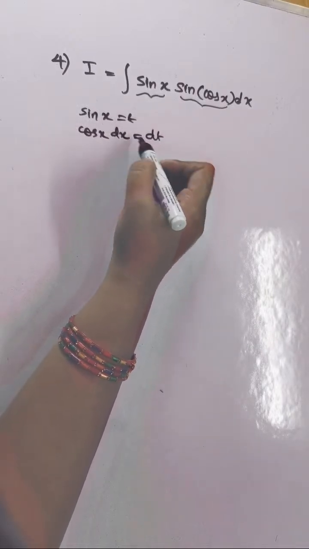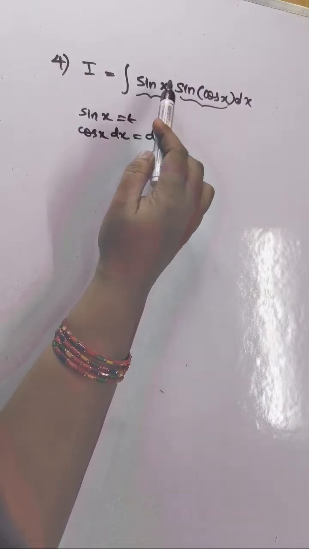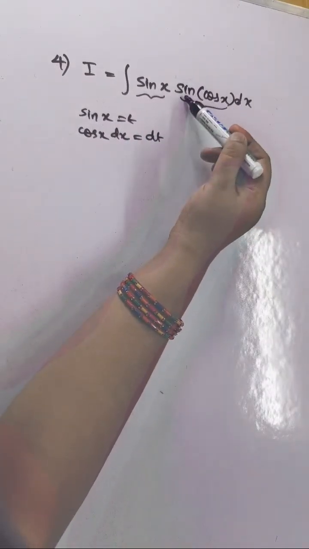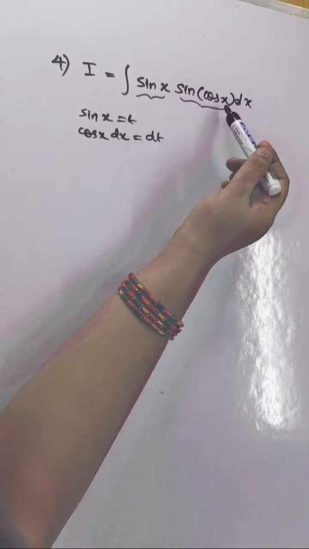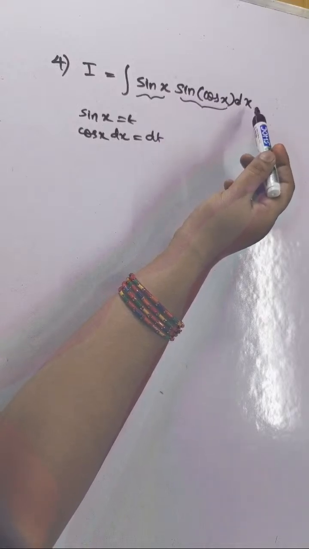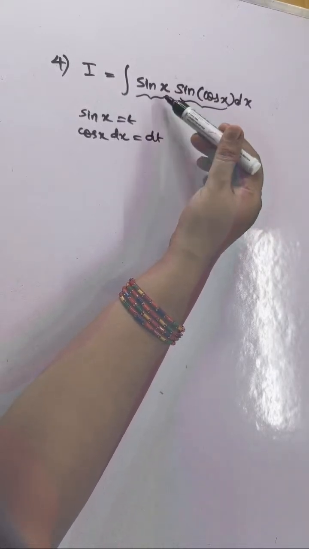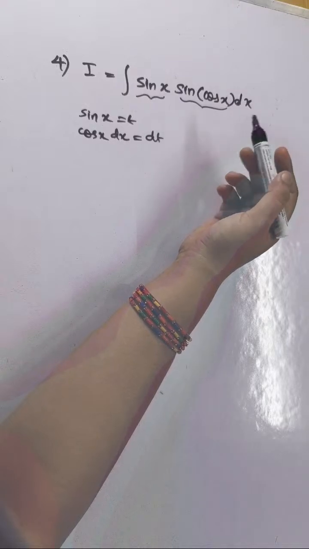If cos x were separate, you could replace cos x dx as dt, and sin x would be t, so you could write t into t, t square.